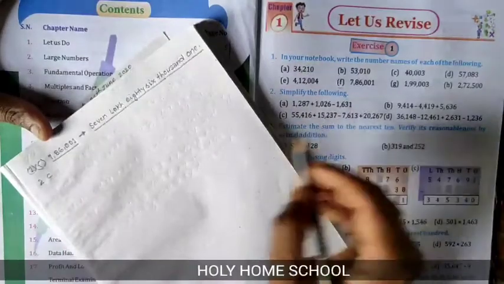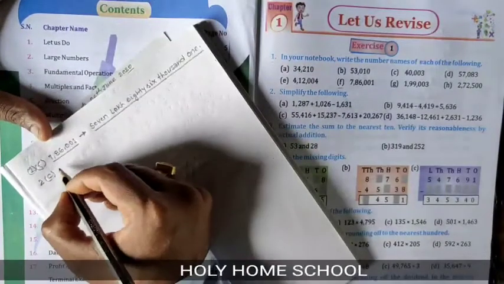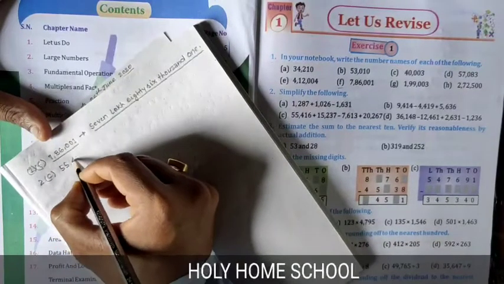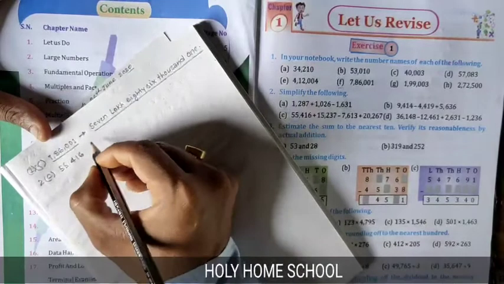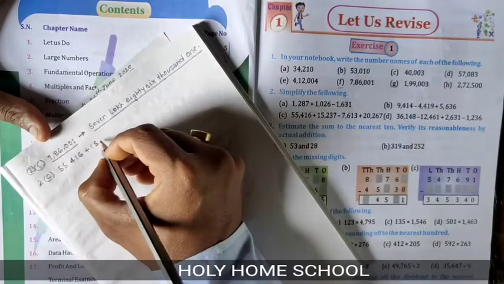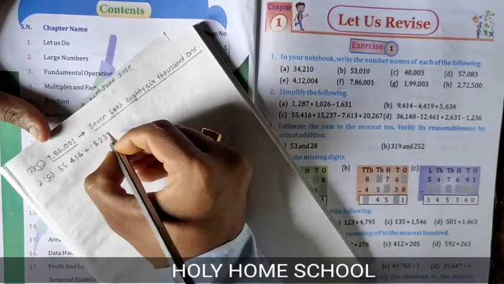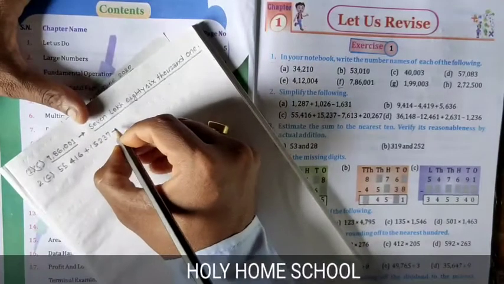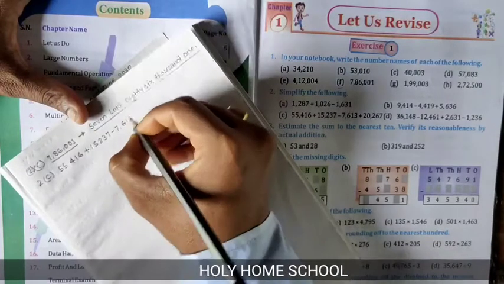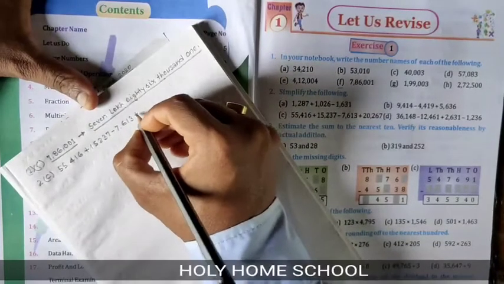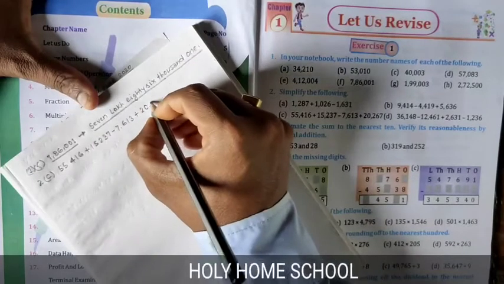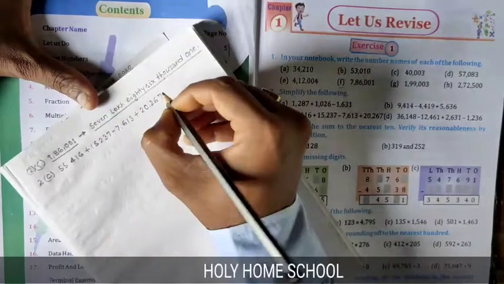Given 55,416 plus 15,237 minus 7,613 plus 20,267.